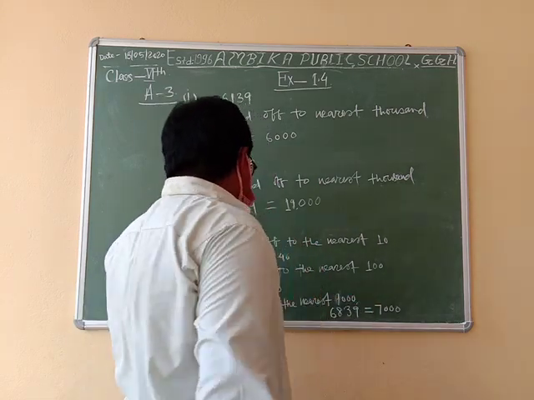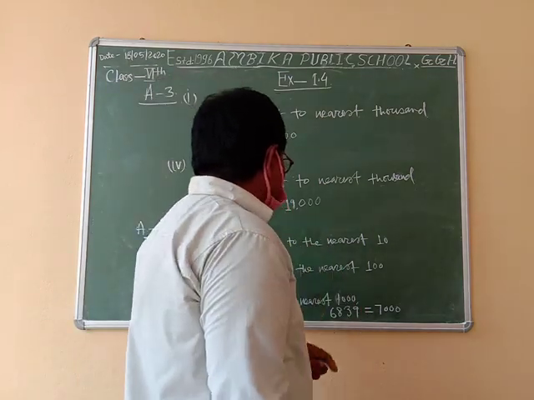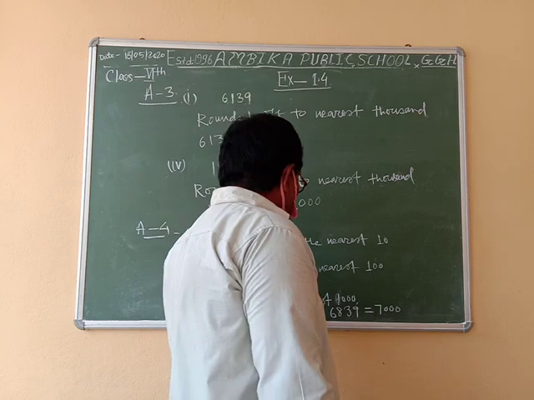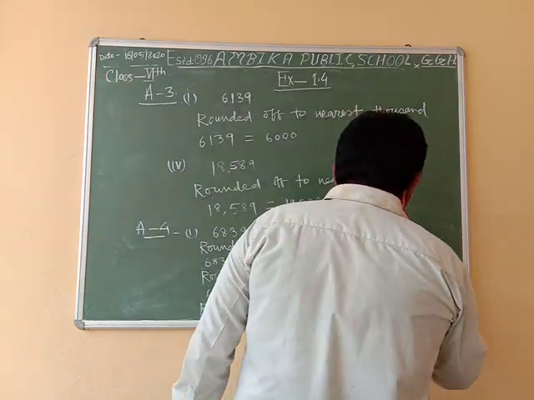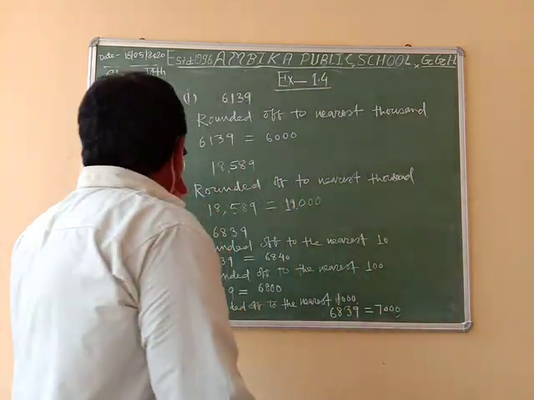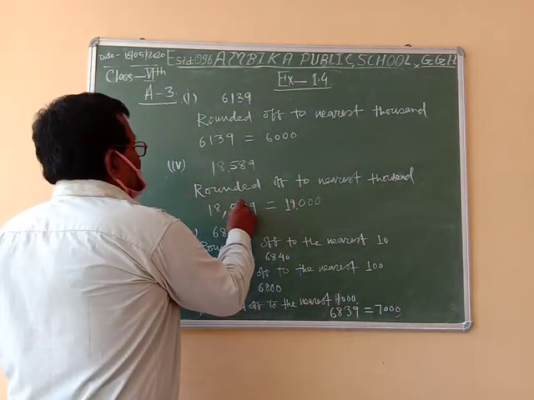So rounding off to the nearest thousand, the approximate value of 6839 is equal to 7,000. In this method, you can solve all questions of this chapter.